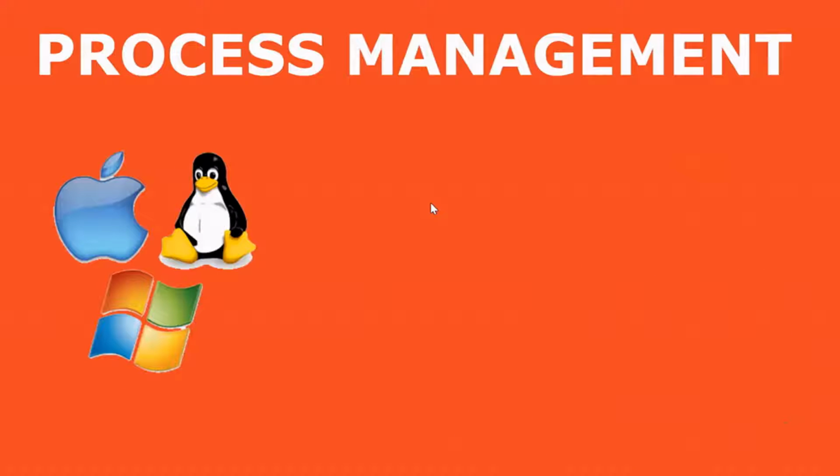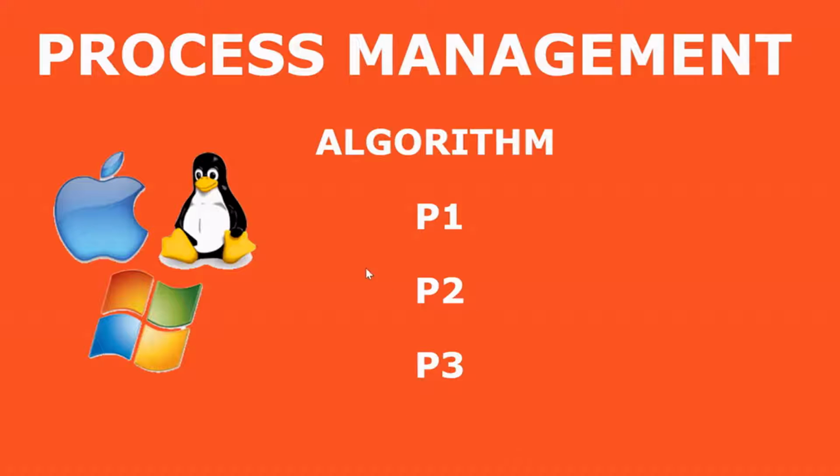So these processes are also handled by the operating system. The operating system uses an algorithm to manage the resources that will be used by the processes. So let's say you have three processes, P1, P2 and P3, and these processes need to be executed by the CPU.